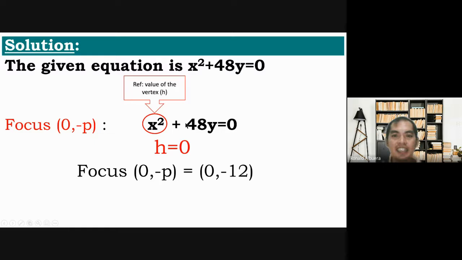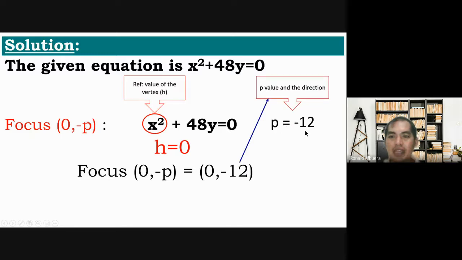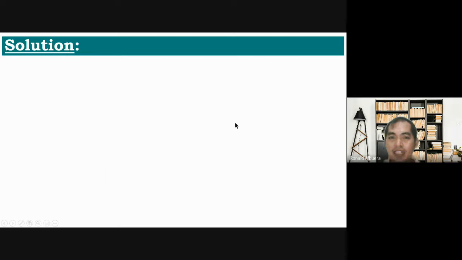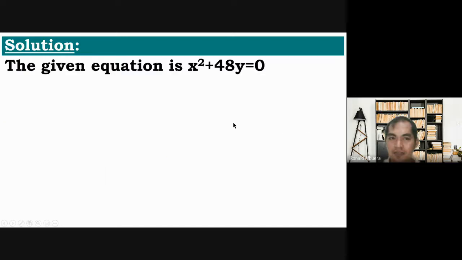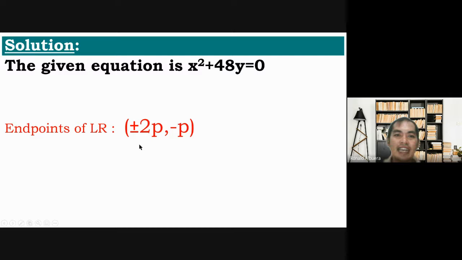Kasi pag nilipat natin to the other side, it became negative. That is why we have negative 12. That's our focus. Sabi dito, the p-value and the direction, we have p equals negative 12, and that's the answer. How about for the endpoint of the latus rectum?